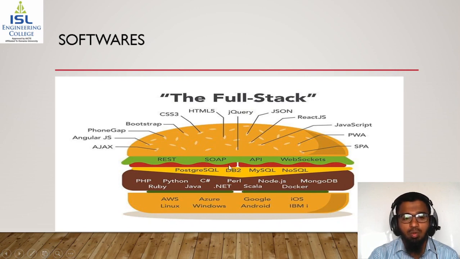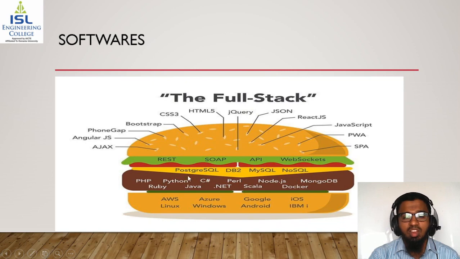This is database. And here PHP, Python, C Sharp, Perl, Node.js, MongoDB, Ruby, Java, .NET, all this will come under backend. When you see the burger from the top, you cannot see the ingredients.